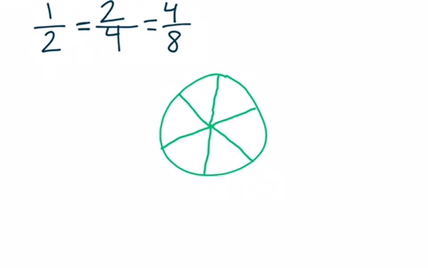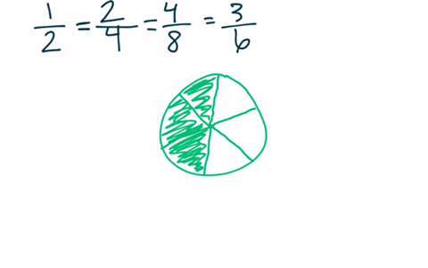Do you see a fraction that's equivalent to 1/2? Let's see. Here's 1/6, here's 2/6, and here's 3/6. Is that equivalent to 1/2? Yes. So we could say that 3/6, 4/8, and 2/4 are all equivalent to 1/2.